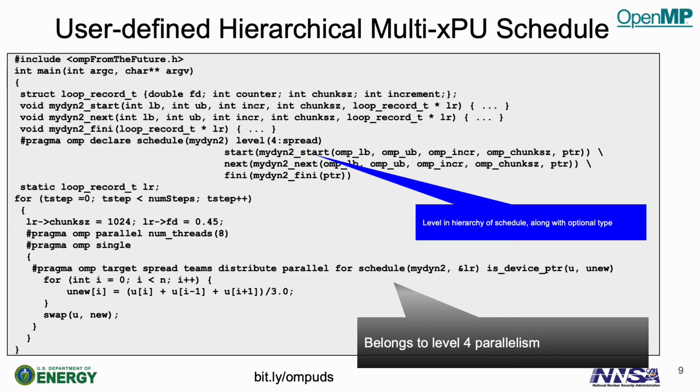So it's important to extend the declare schedule with a level, and that level identifies the level of parallelism that the schedule operates on. And there's an optional type or modifier that could be the kind of the scheduling, but again, this is optional.